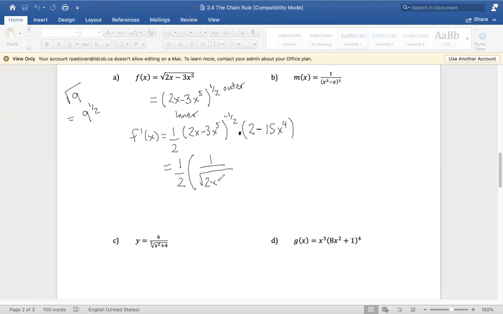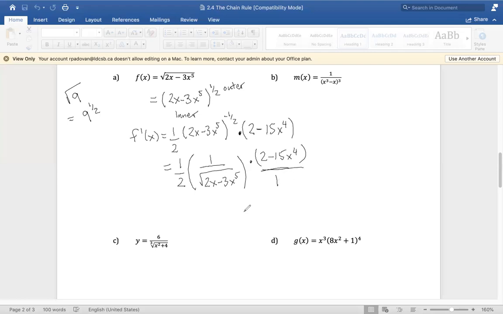So 1 divided by the radical sign of 2x minus 3x to the power of 5, again, multiplied by 2 minus 15x to the power of 4. And since that's a fraction, you could think of it as this entire thing is over 1.